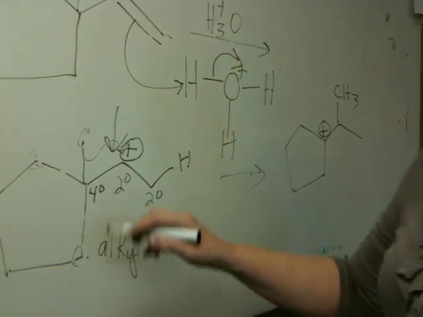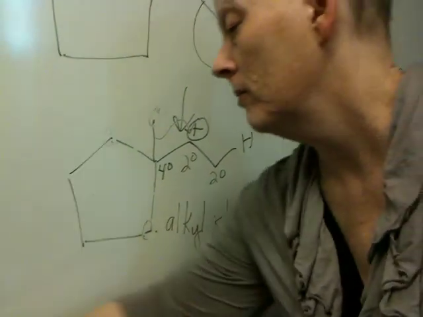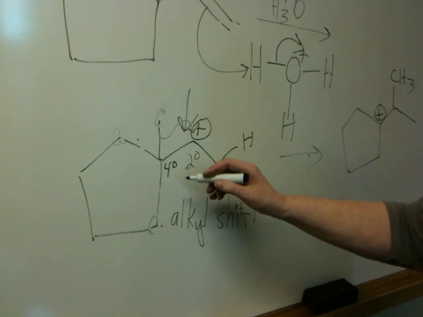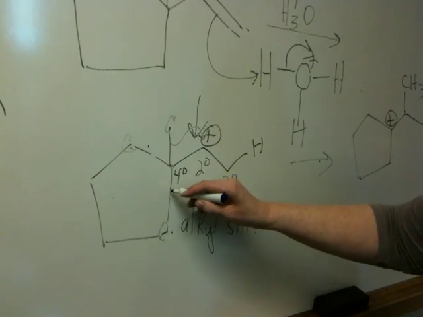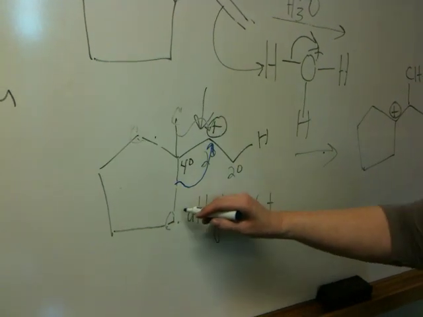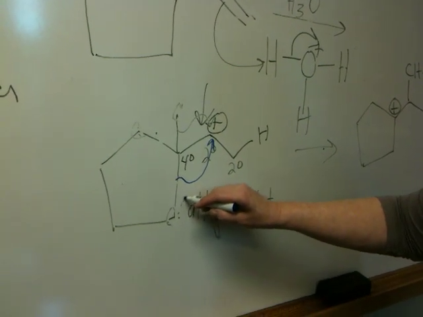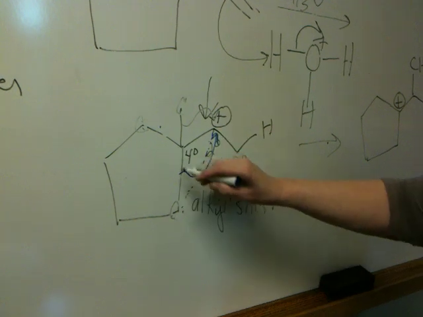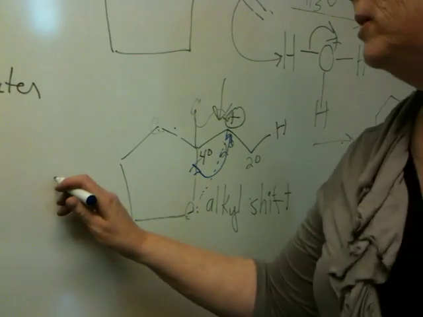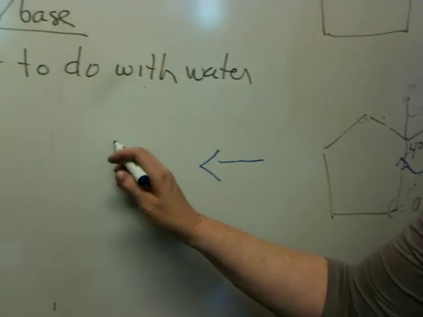But the other shift would involve one of these two, and they're exactly the same. So I'm going to show it from the bottom. I could take this bond and move it over there. What I'm doing is making a bond here and breaking that bond right there. So I'm going to draw it in a similar shape. And I want you to practice this.